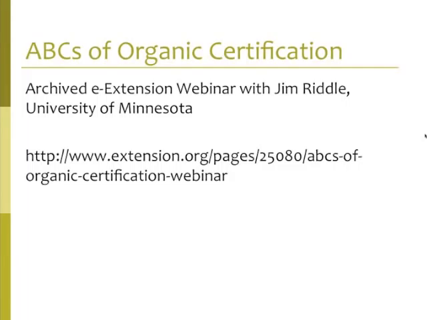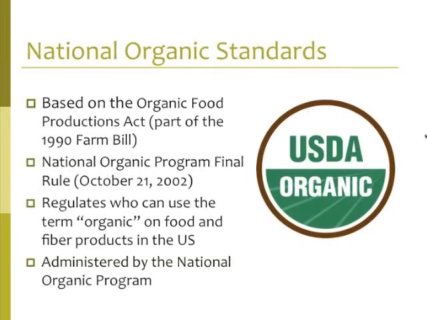It's administered by the National Organic Program, or NOP for short, which is a program of the USDA Agricultural Marketing Service. I might use several terms during this presentation, such as the standard, the regulation, or the rule, and all of those terms I'm referring to the NOP standard, the NOP program regulation that governs organic production.